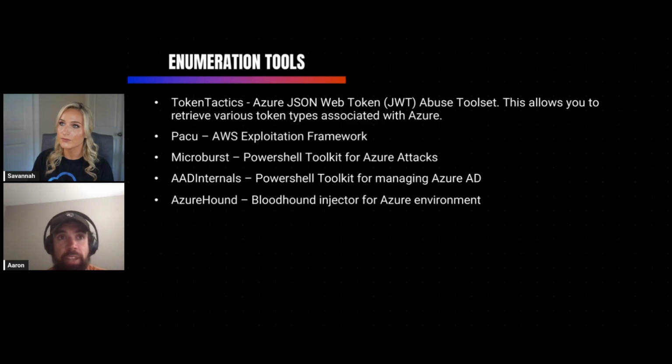So it can identify Azure runbooks that you may have access to, service principal abuse, key vaults, and the ability to create or access virtual machines, things of that nature.